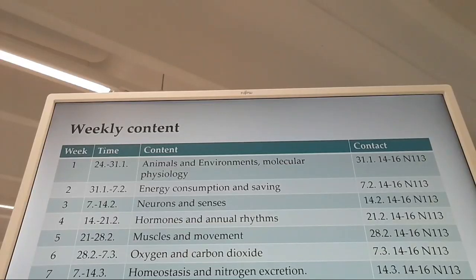And this timetable is for those of you who are participating in this as a flipped classroom. It's just because we have the contact times at certain times. For example, at the end of January we will consider the first week's theme, and then on the 7th of February we will consider energy metabolism, etc. But this course is actually open throughout the year.